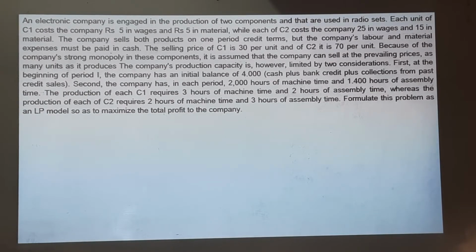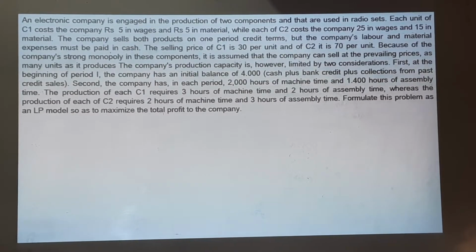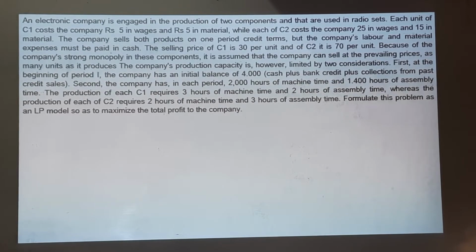First, at the beginning of the period 1, the company has an initial balance of rupees 4,000, cash plus bank credit plus collection from past credit sales. Second, the company has in each period 2,000 hours of machine time and 1,400 hours of assembly time.